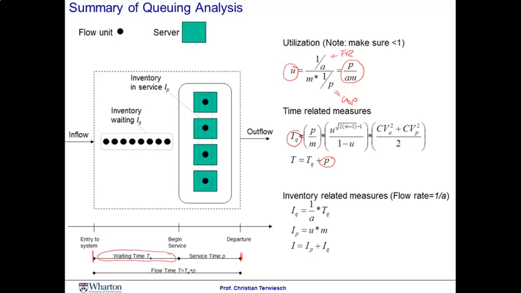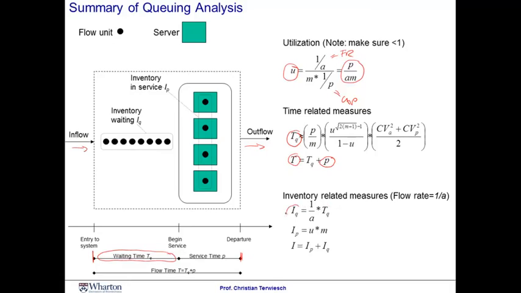Notice that by Little's law, I can also compute the inventory. Since I hold the flow rate constant, that's the rate of demand, I can simply apply Little's law. I have the flow time, I have the flow rate, and I can compute the inventory. This is summarized over here.